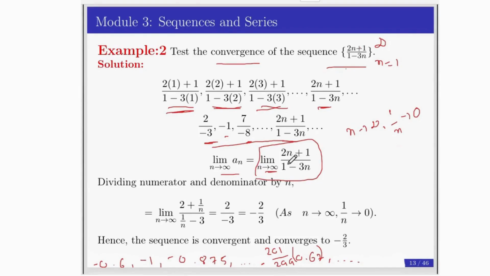This is again an algebraic expression. What is the maximum power of n in the numerator? It is n. In the denominator, again n. So divide numerator and denominator by n: (2n/n + 1/n)/(1/n − 3n/n).